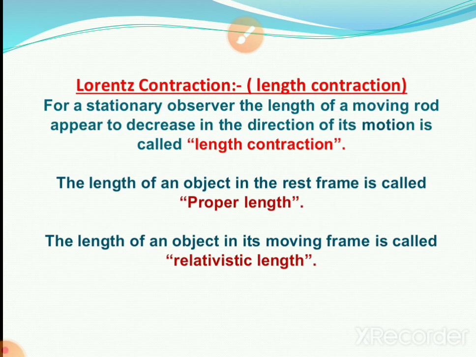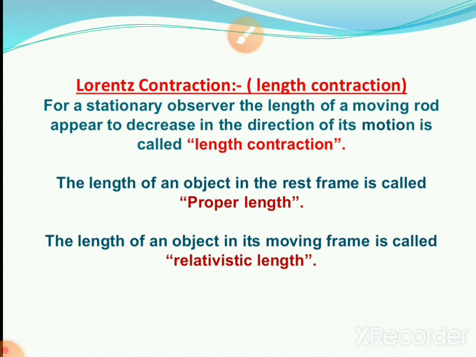But according to the stationary observer, the moving rod appears to decrease in length in the direction in which the rod is moving, but actually the length is constant. There is no change in the length. So this is called the length contraction.